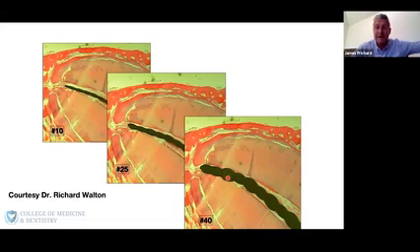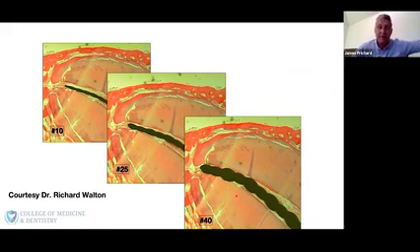The problem that we have is our endodontic instruments, if we look here, even up to a size 40, do not contact all of the canal wall. So if our instruments aren't debriding the entirety of the surface of the root canal, that means we have a problem. That means we are leaving stuff behind.